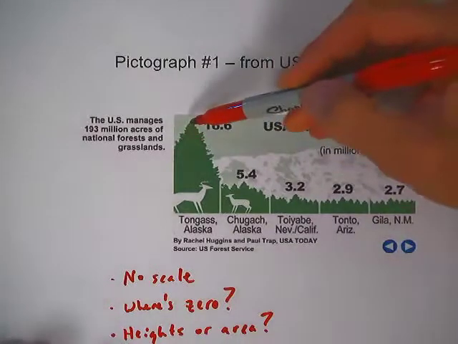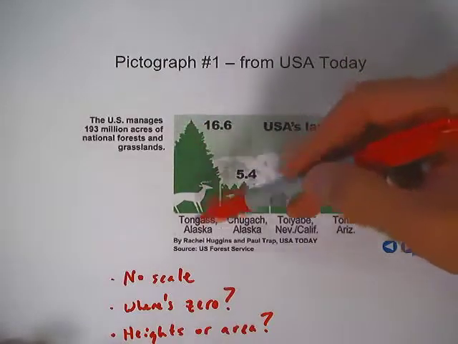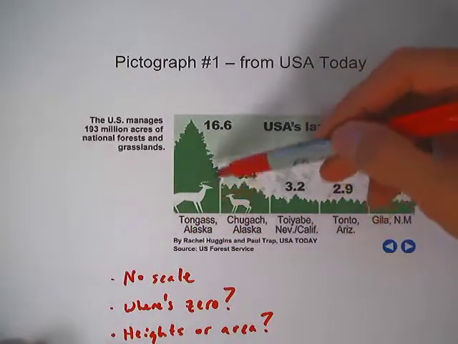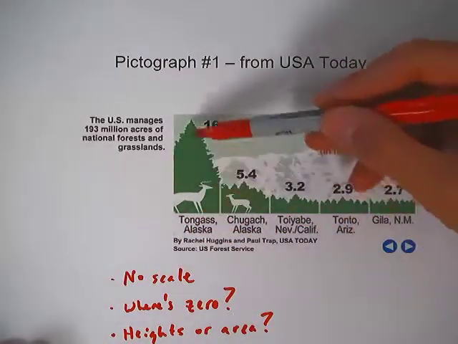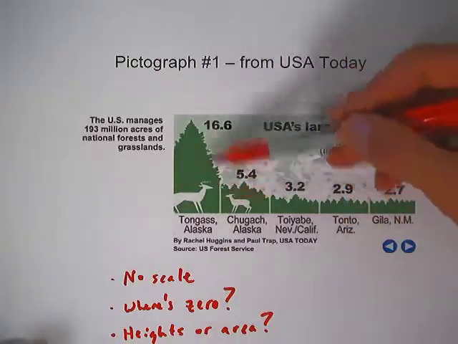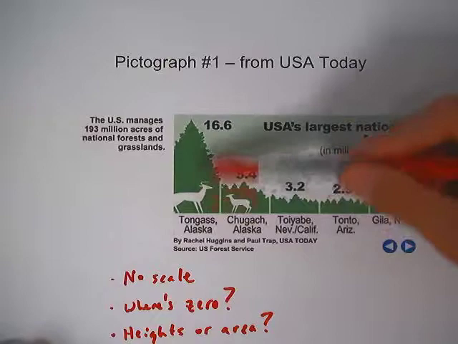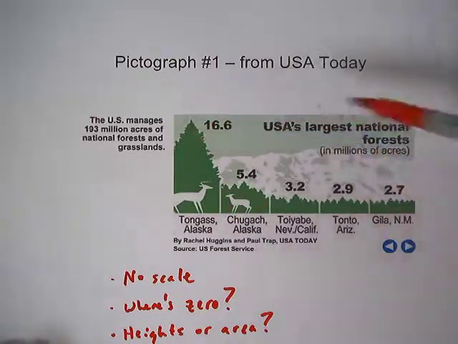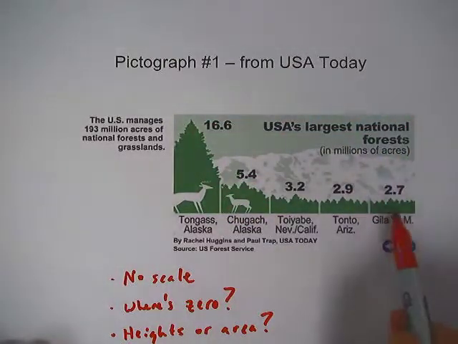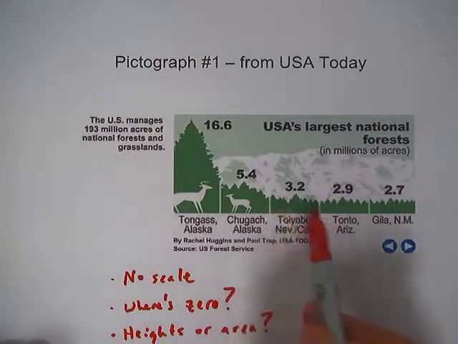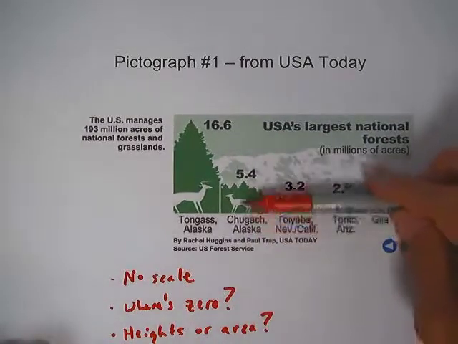We can see certainly that Tongass, Alaska has the largest bar, or in this case a tree. But is it largest in terms of area, or are we doing it in terms of height? For all of these, they are pretty much straight across, so these are a more consistent area.